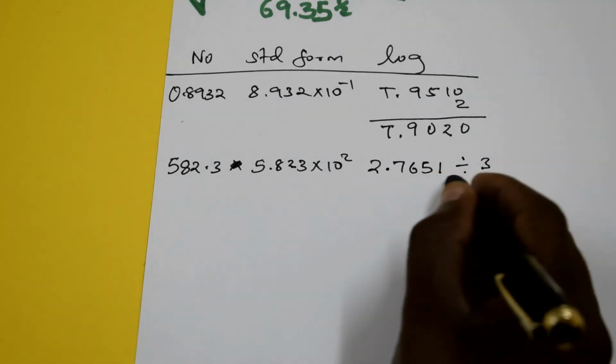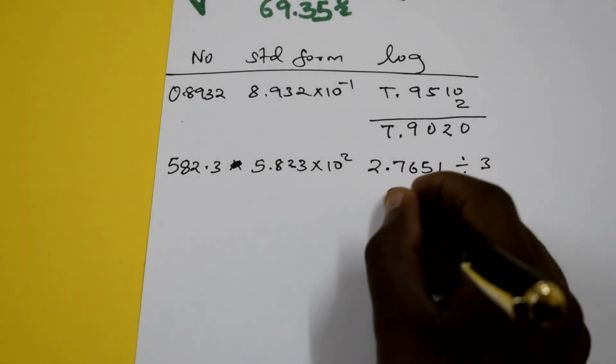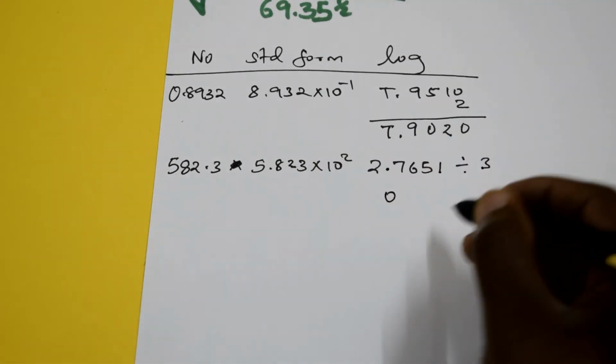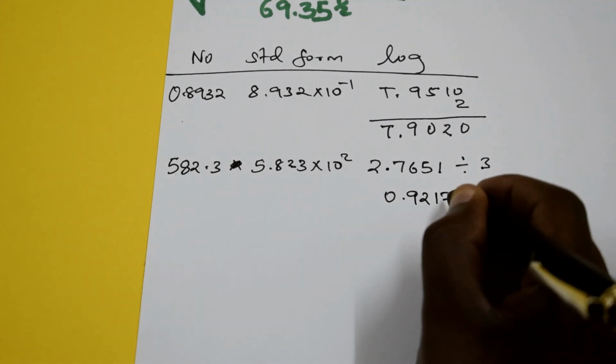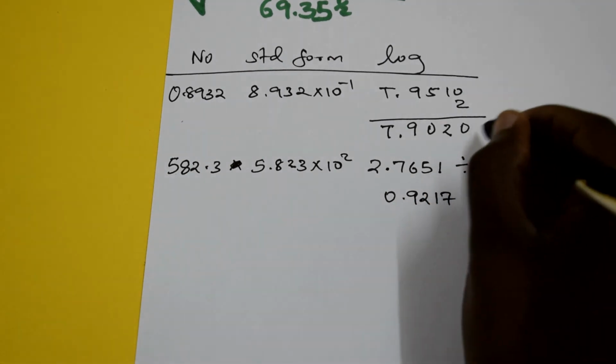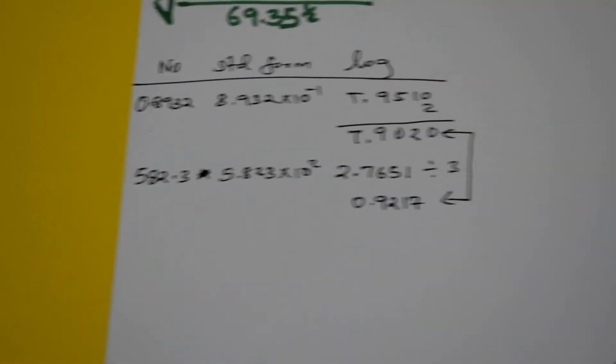And since this is positive, dividing by 3 is easier. 2.7651 divided by 3, after division we get 0.9217. Since they are multiplied, we are supposed to add this and this for the numerator.